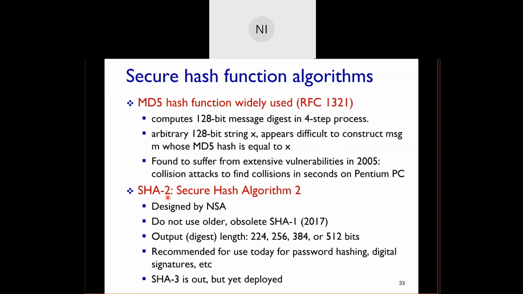Of late, what we have started using is SHA2, which can generate a digest of length all the way from 224 bits to 512 bits. Even when you are talking about hashing passwords, one should be using SHA2. Even in the case of digital signatures, I'll talk about digital signatures and password hashing in the following class.